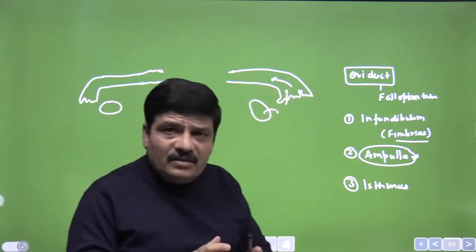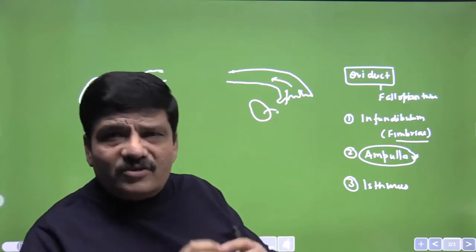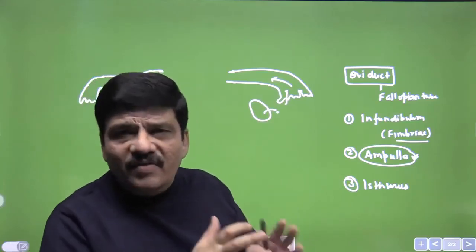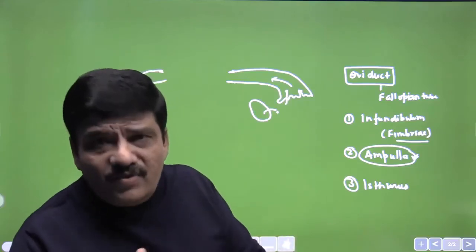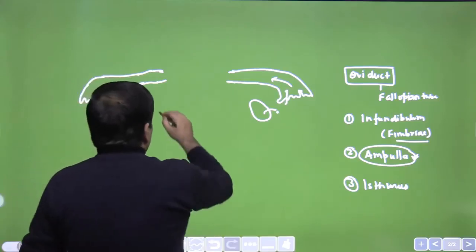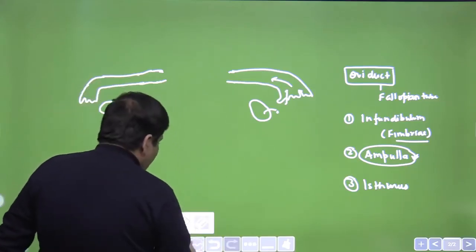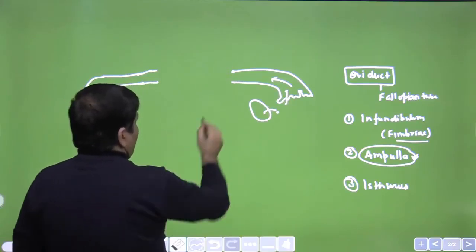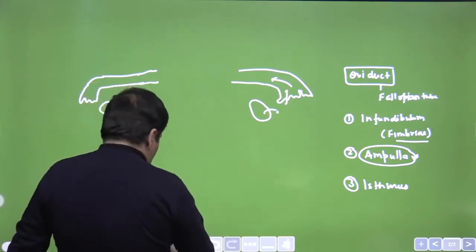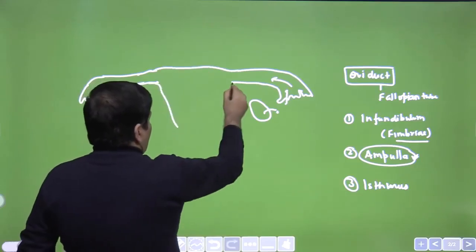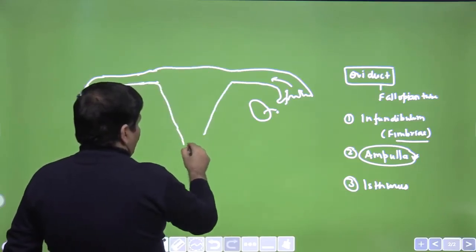To be precise, fertilization normally takes place at the junction of the ampulla and isthmus, but even if it is at a junction, it must happen in one of the parts, and that part should be the ampulla. Now this isthmus opens into, let us create some symmetry here, what is called the uterus.